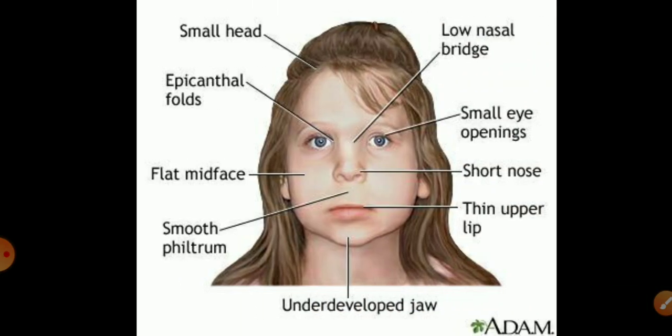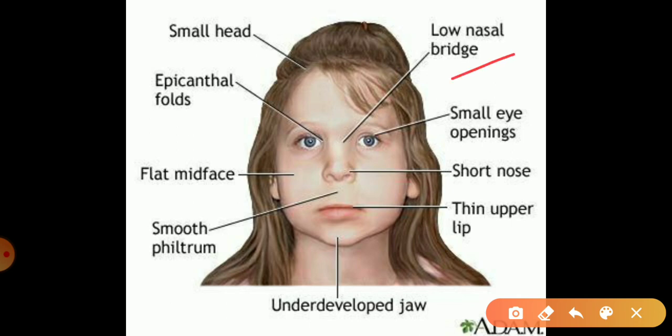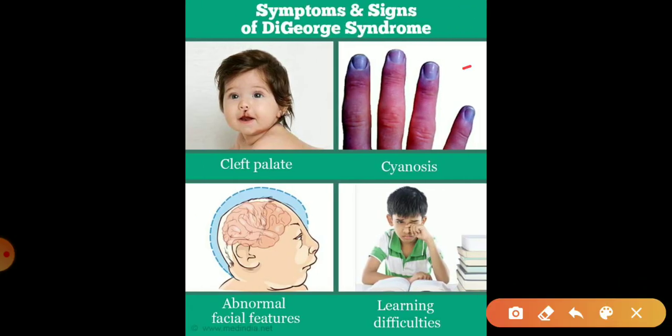The signs of this patient may include a low nasal bridge, small head, epicanthal folds, flared midface, smooth philtrum, thin upper lip, underdeveloped jaw, and small eye opening. Associated signs include cyanosis due to cardiovascular anomalies.